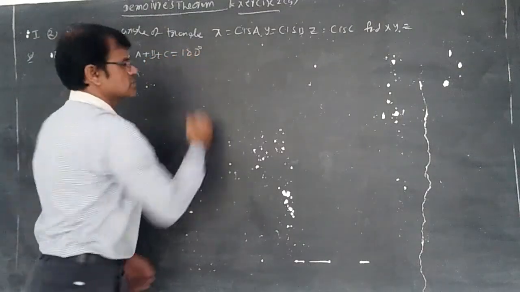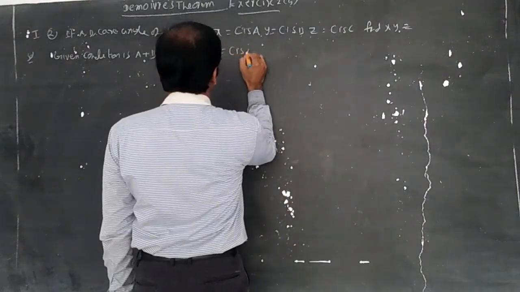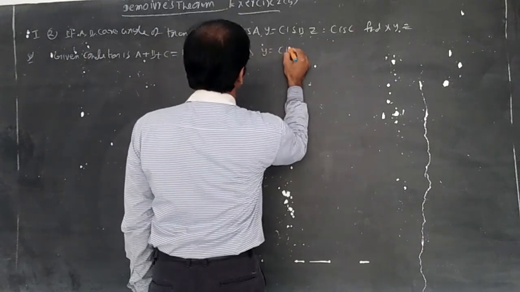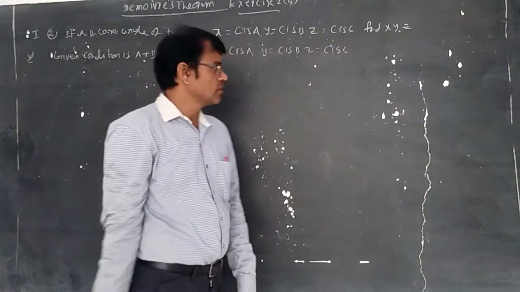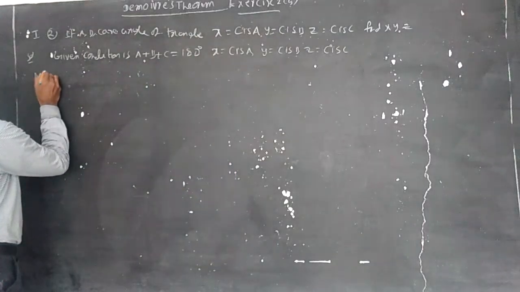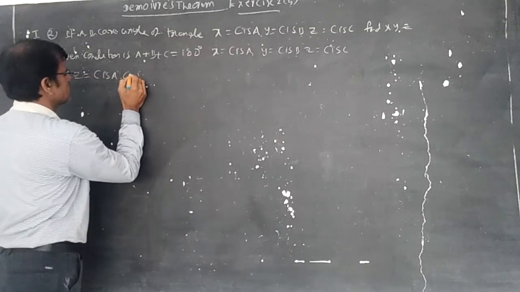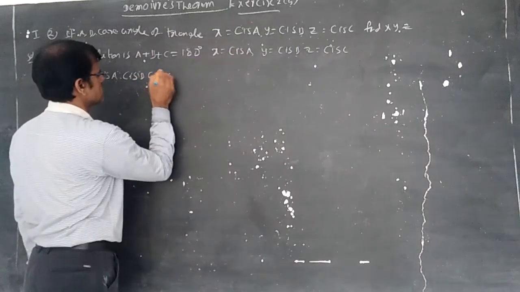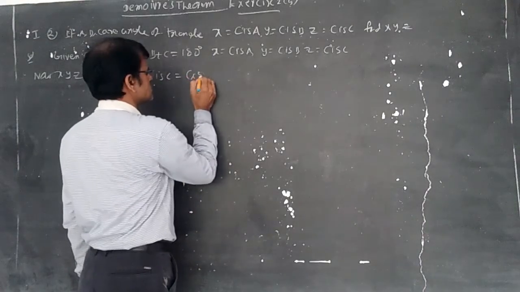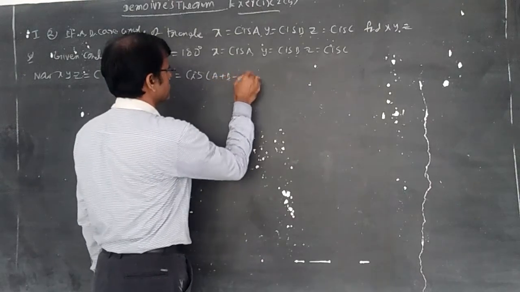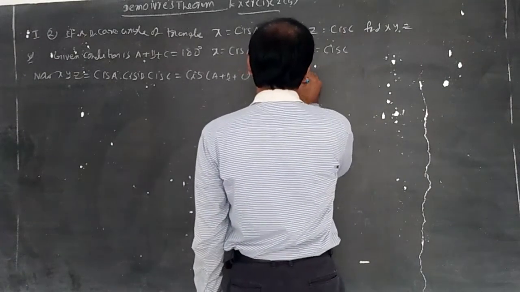So A plus B plus C is equal to 180 degrees, and given x is equal to cis A, y is equal to cis B, z is equal to cis C. Now xyz is equal to cis A into cis B into cis C. By the formula, this is cis of A plus B plus C.